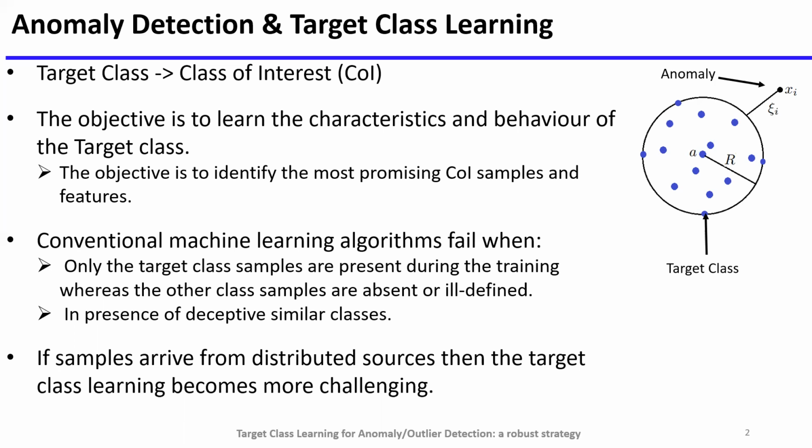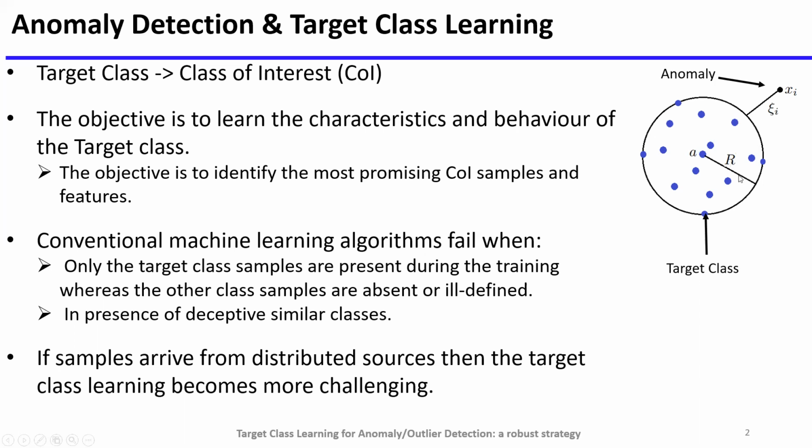So if you talk about target class learning, apart from classification or clustering or self-supervised learning, anything, we should learn the target class more efficiently. And to learn the target class, two things are very important. The first one is the samples, and the second one is the features. If you see this diagram, the colored samples we can assume are the target class samples, and the black dot represents the anomaly.